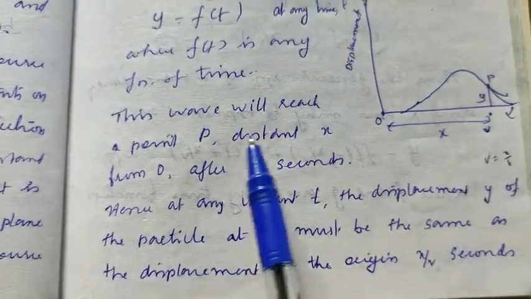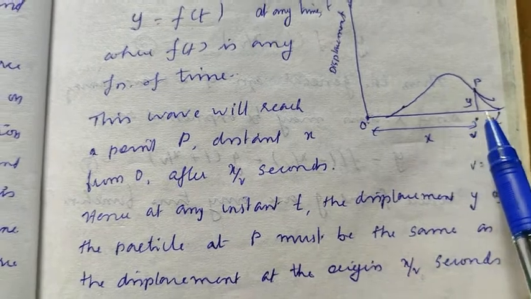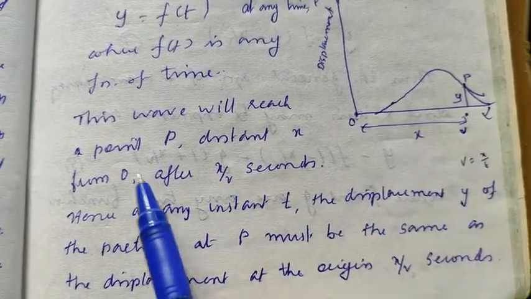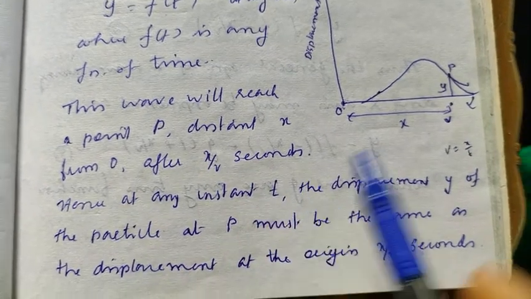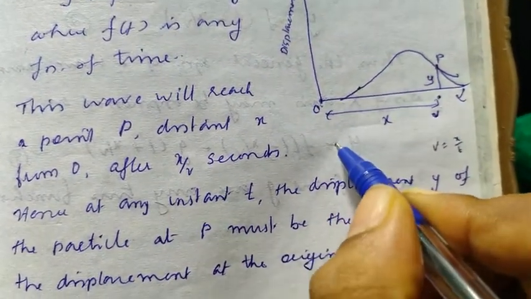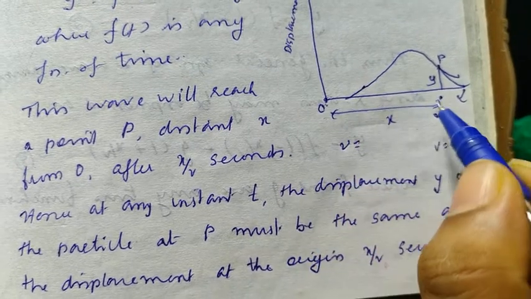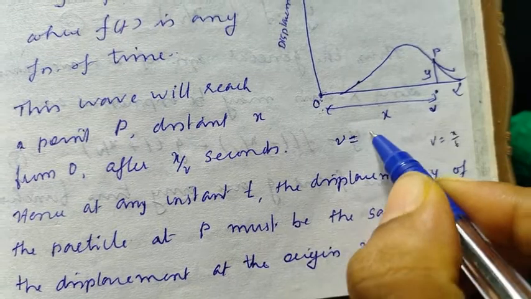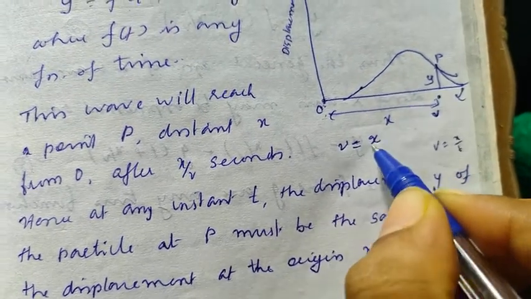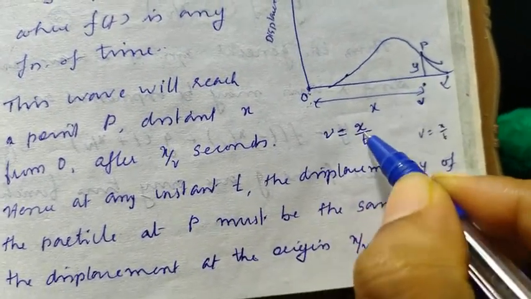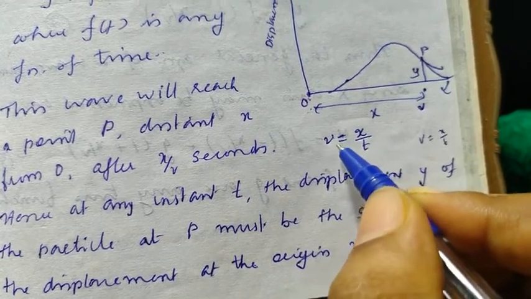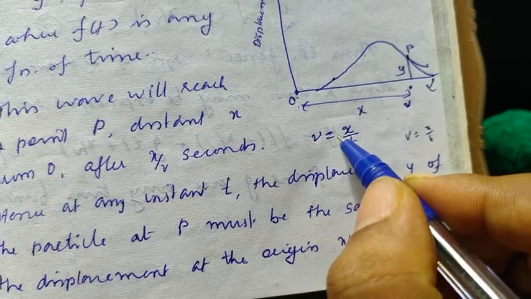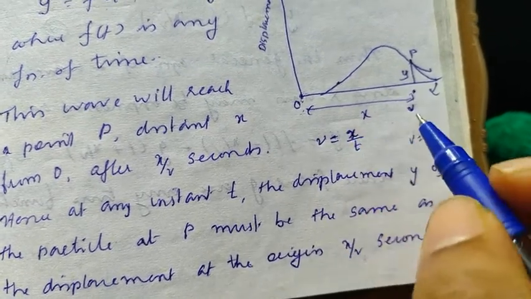So this will reach the point P at a distance x from O after x by v seconds. If x is the distance traveled from the source, then velocity can be represented as x by t. So in a time interval t, the wave is traveling at speed v a distance of x from the origin.